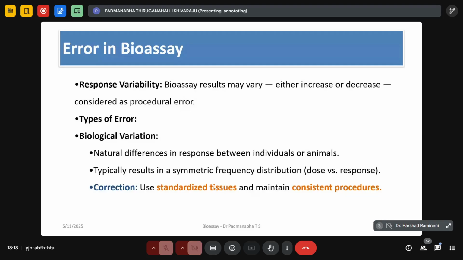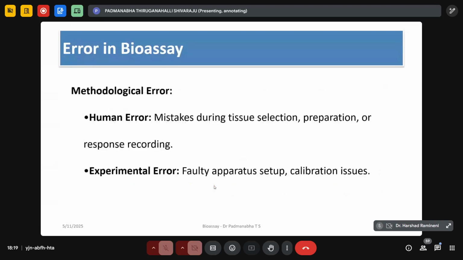That standard operating procedure with respect to the tissue has to be followed to avoid these biological variations. And when you are selecting the animals, you also need to select a specific age group of animals where the animal's tissue will respond to your unknown product. Otherwise, there can be more biological variations.